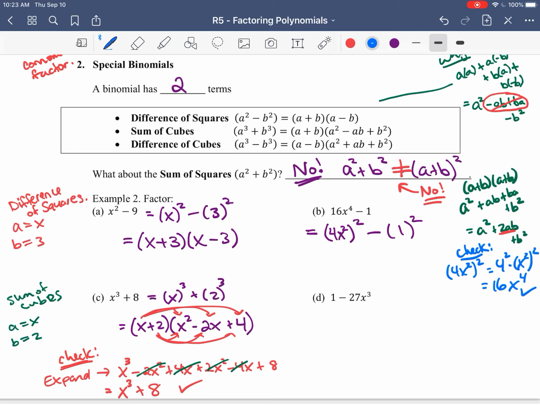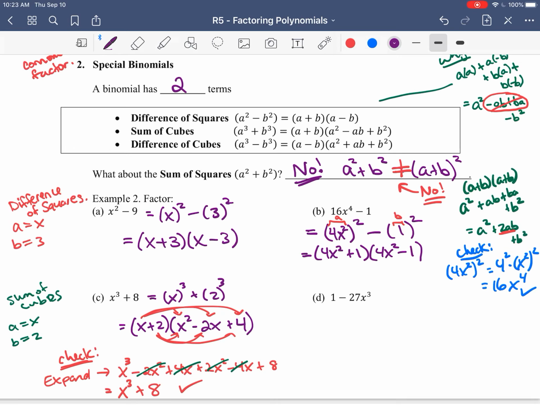So that's what we had. That means that in the formula, 4x squared is going to be my a, and the 1 is going to be my b. So I can just plug this into the formula. It's a plus b, so that's 4x squared plus 1, times a minus b, so 4x squared minus 1.